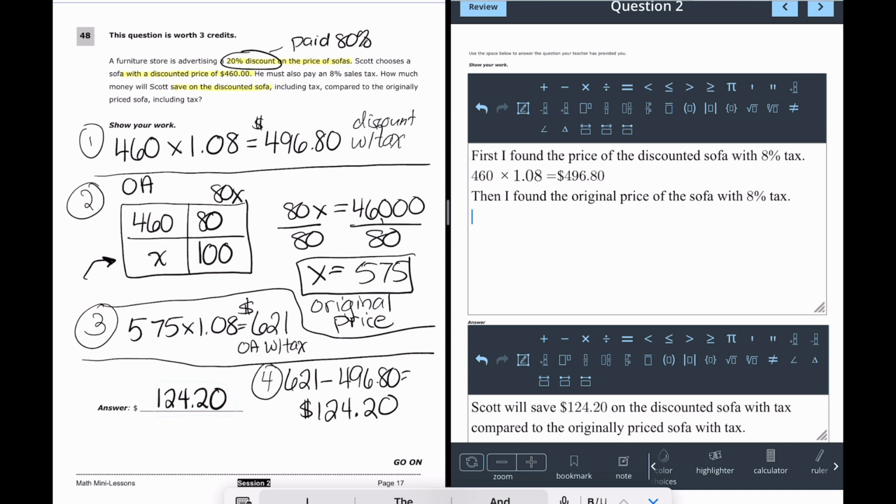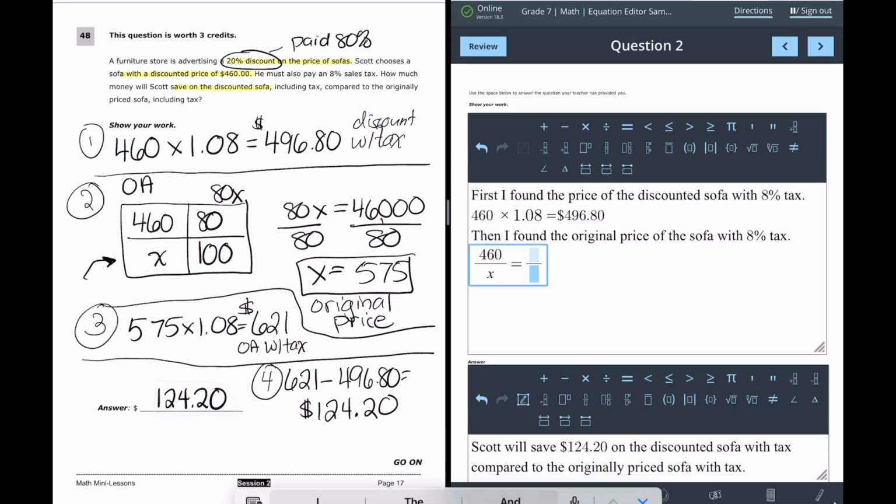So I'm going to write the proportion, because again, I have a ratio table, but that's really two fractions. So we're going to put 460 over x is equal to 80 over 100. Okay. 80x is equal to 46,000.